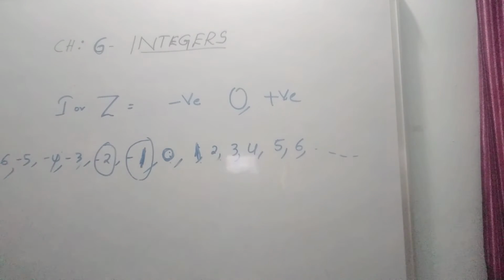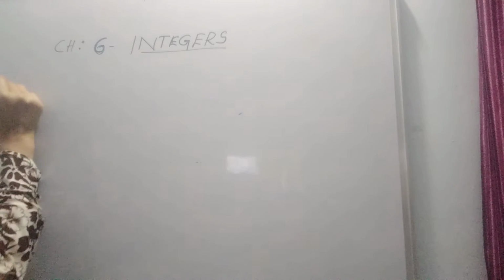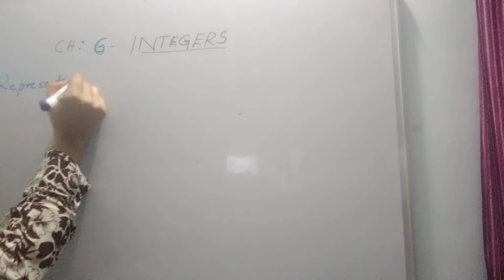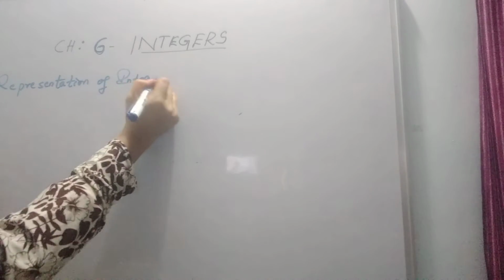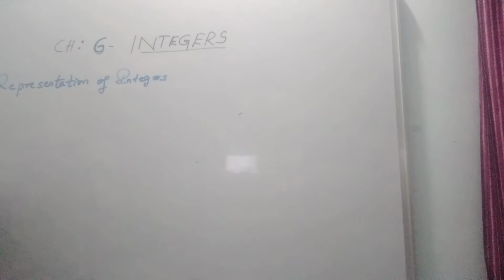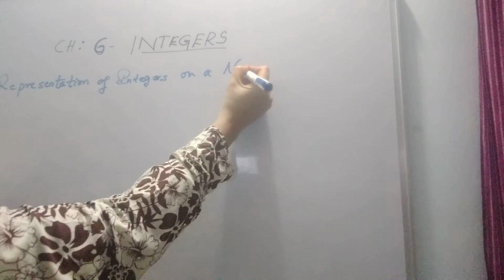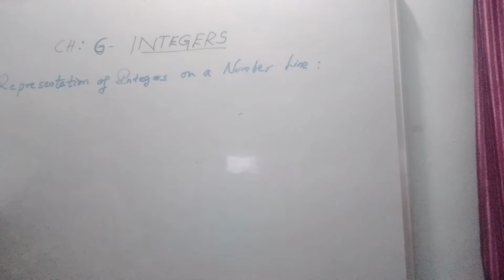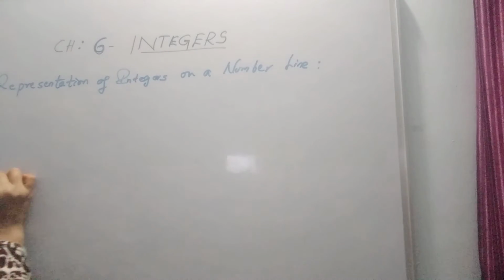Okay. Representation of integers on a number line. How can you represent integers on a number line? Take a line.